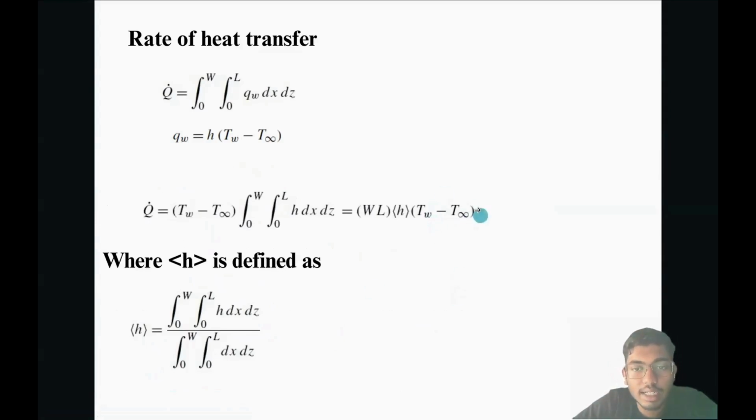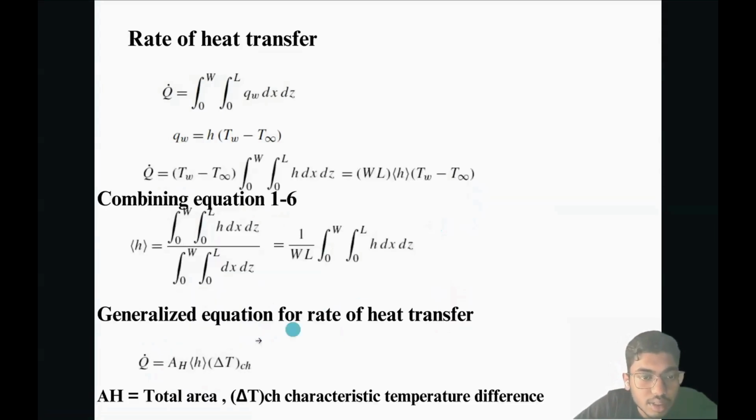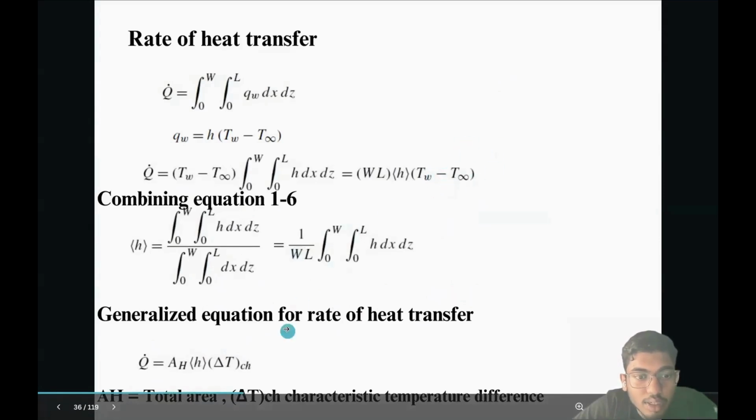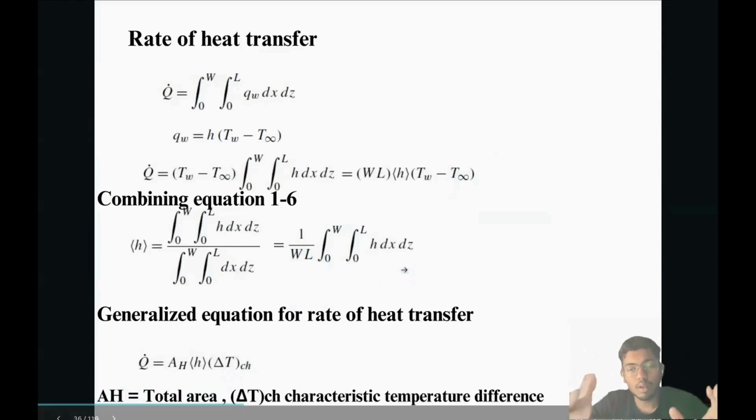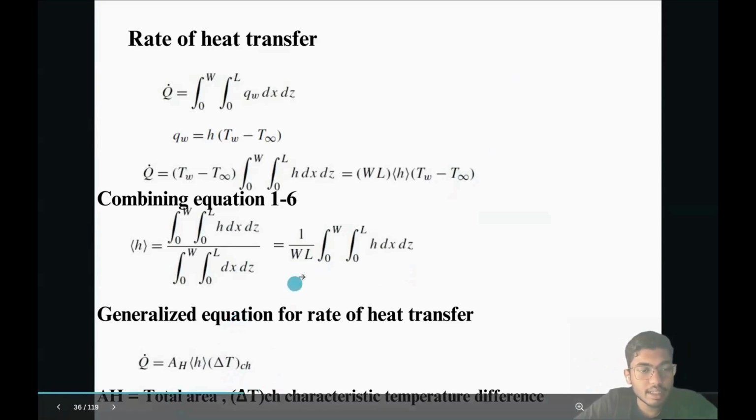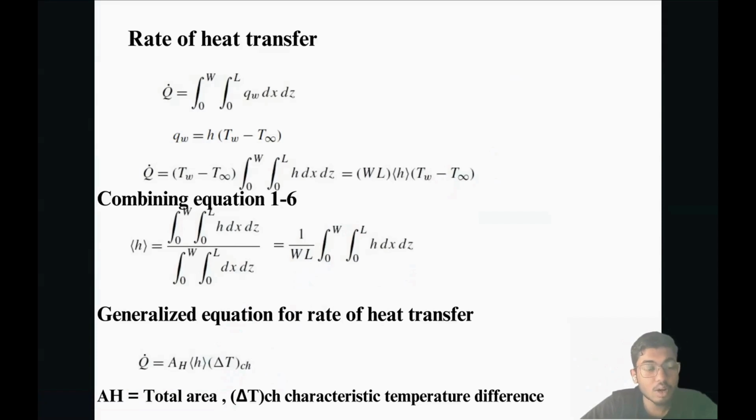This is our characteristic delta T. Since we are writing this whole term as delta T, why have we written characteristics? Because it depends on the flow, on the system which we are looking at. Area is the area over which heat transfer is occurring. Delta T characteristics is the temperature difference.